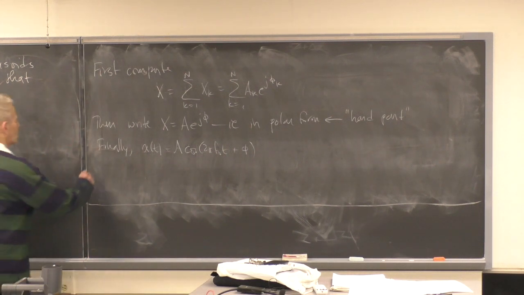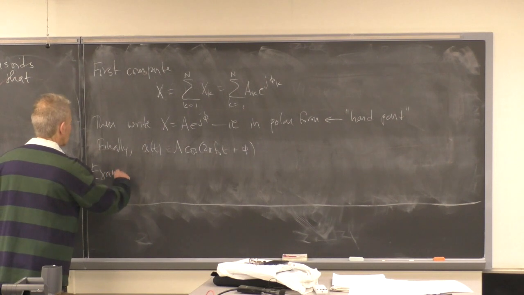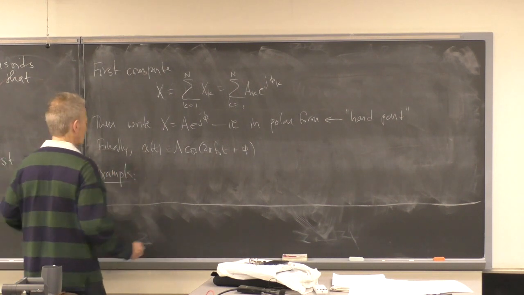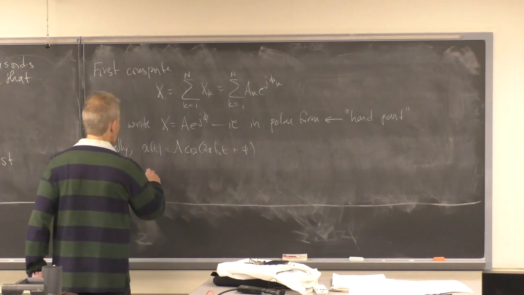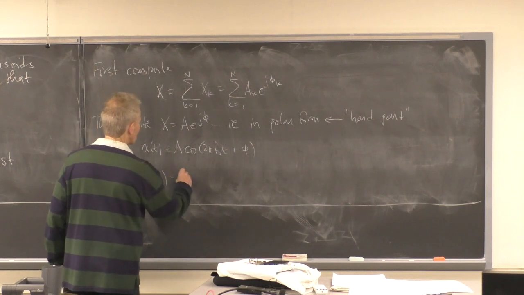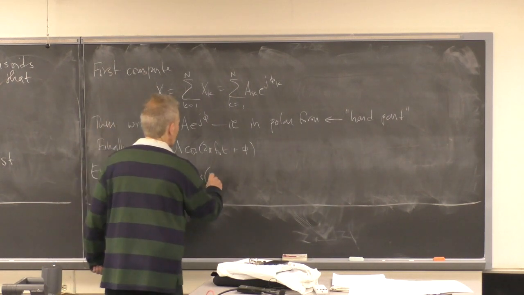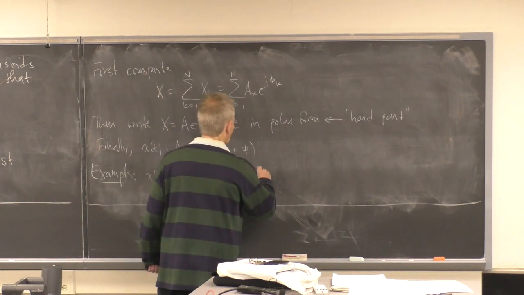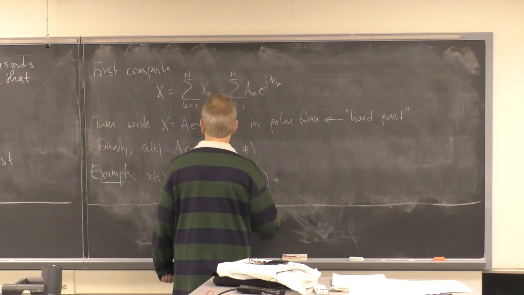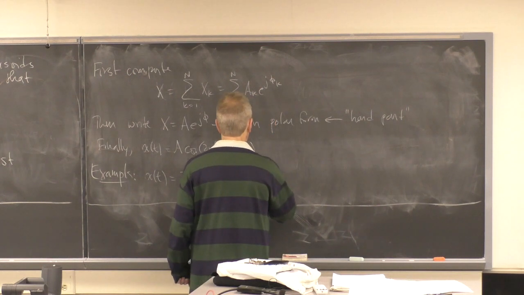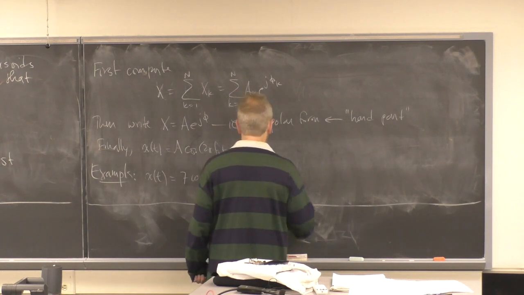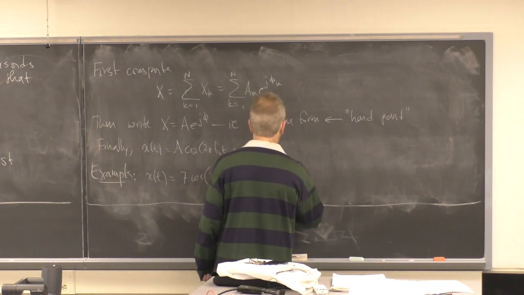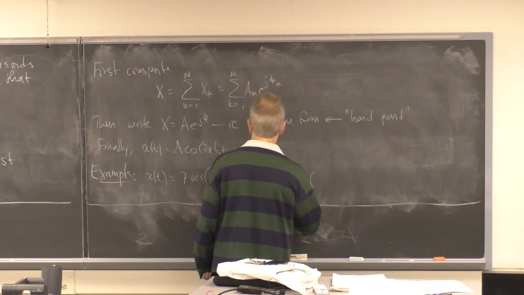OK, so here's an example. How about this? I'm just going to pick some random numbers. Say x of t is equal to, say, 7 cosine 2 pi times 19t plus pi over 3, plus 11 cosine 2 pi.